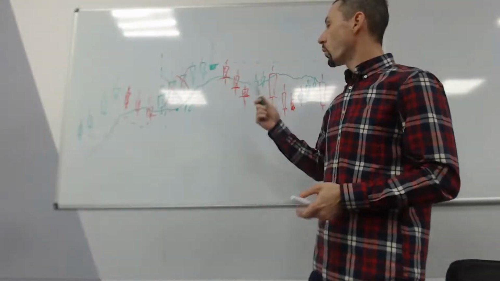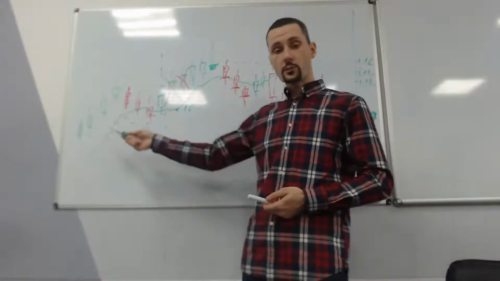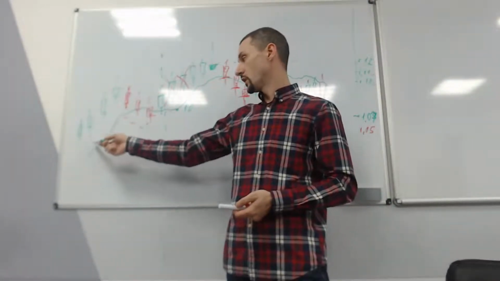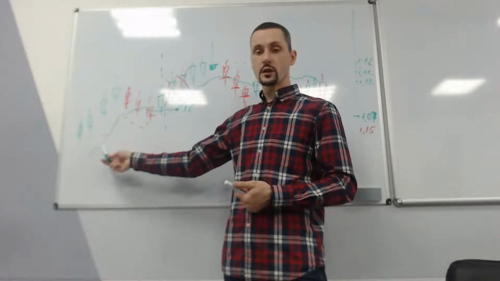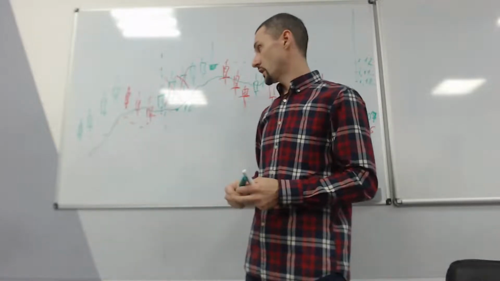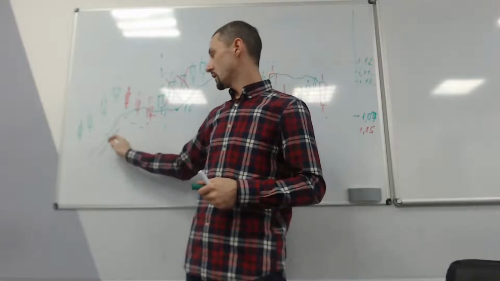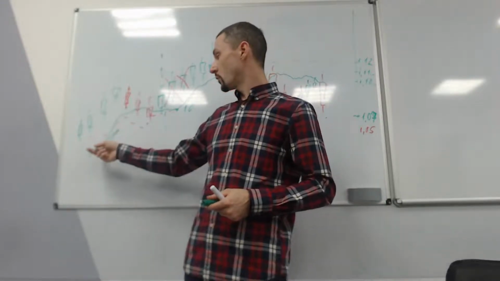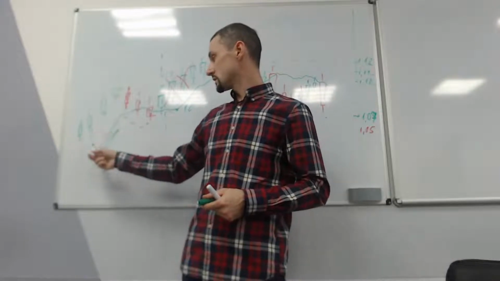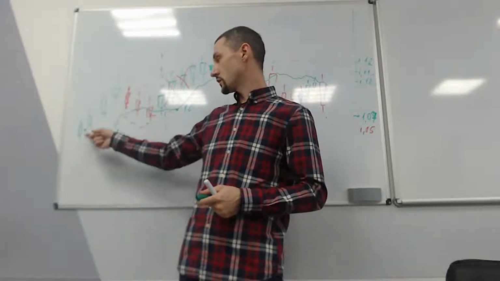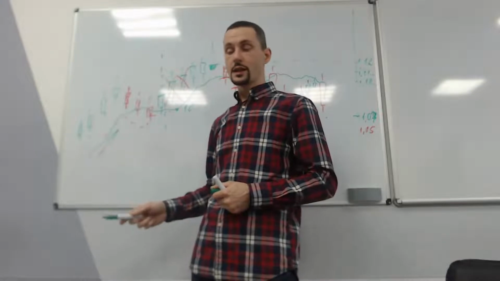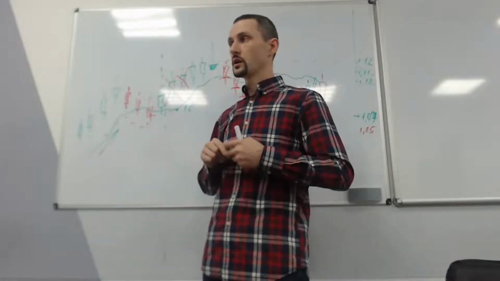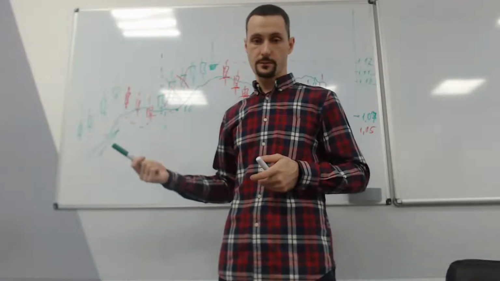When the price is much higher than the moving average line, here for example, we have the uptrend. We should understand that the more distance the candles have from the moving average, the more intensive and significant the uptrend is.